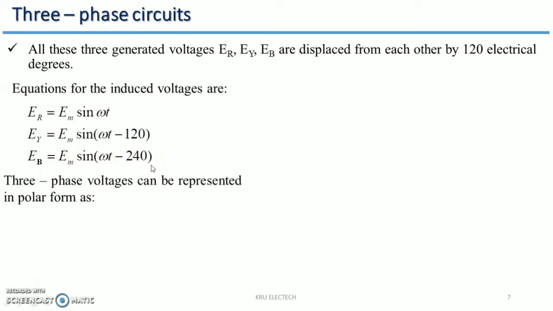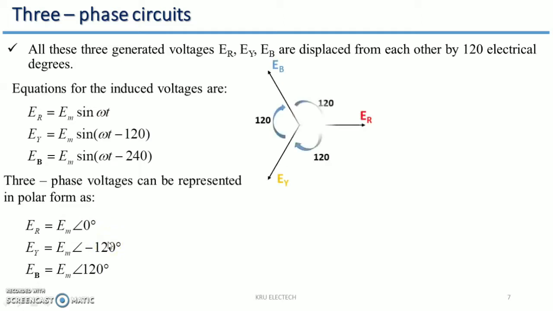The three-phase voltage can be represented in polar form. When the amplitude and angle are given, you can say that is the polar form. Here is the representation on the x-axis. We just take ER as a reference. You can also take it on the y-axis.